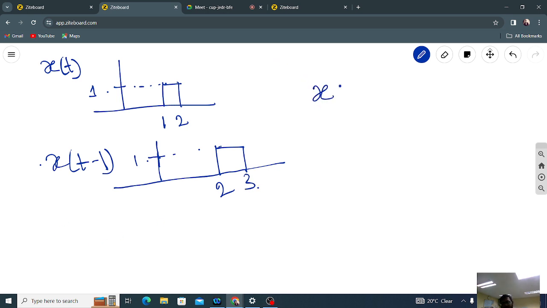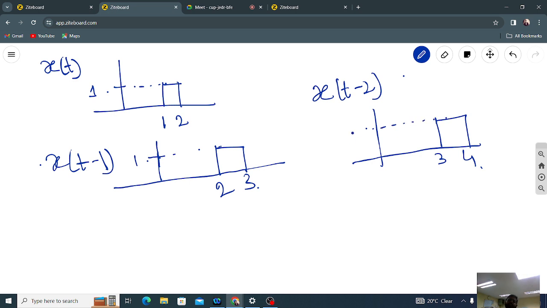So x of t minus 2 will be the signal between 3 to 4 with the same value. And for x of t plus 2, it will be shifted to the left side. So what values will it take? From minus 1 to 1.